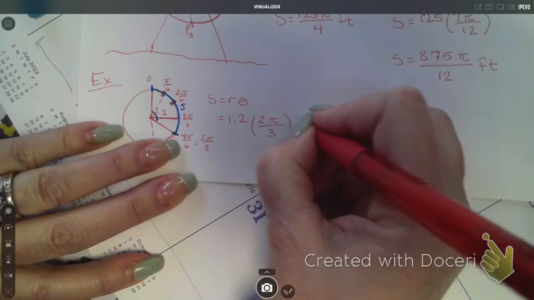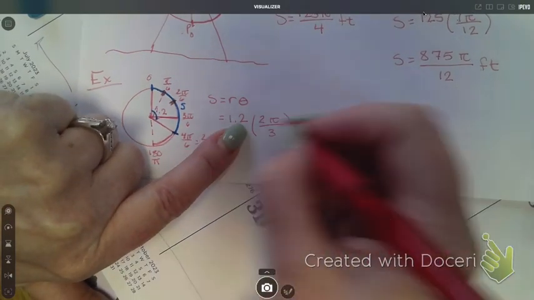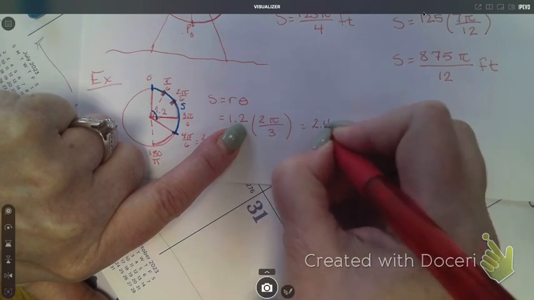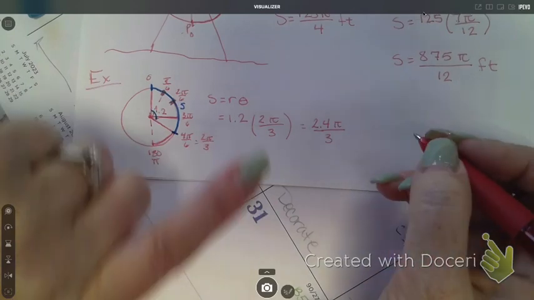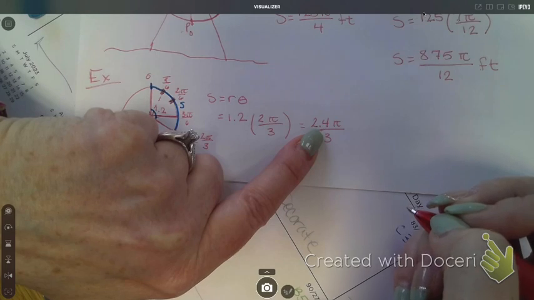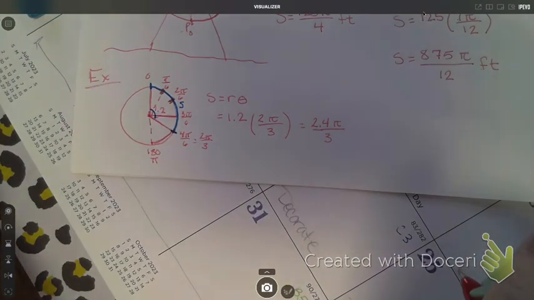Well, I don't have a calculator right at the second, so 1.2 times 2 is 2.4 pi over 3. Yes? And I shouldn't leave a decimal in a fraction, should I? No. How do I get rid of 0.4? I multiply the top by 10, and I have to multiply the bottom by 10.